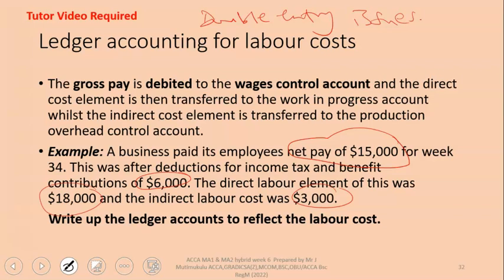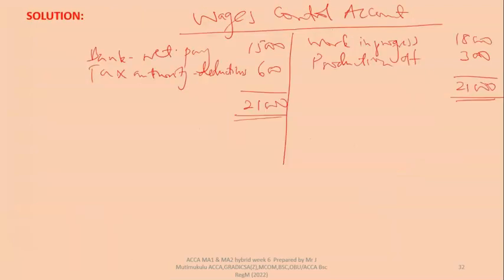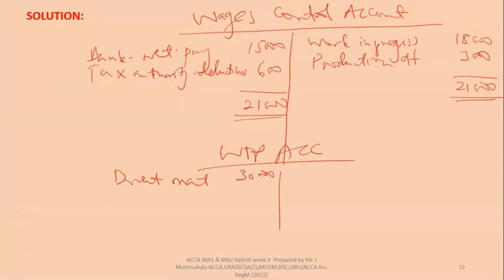For example, the work in progress account, the WIP account, is debited with direct materials. Let's say the materials are 30,000, and then we would slot in our wages control figure of 18,000.